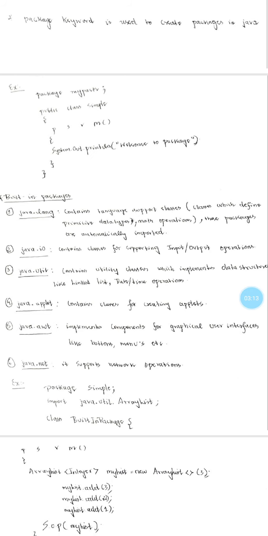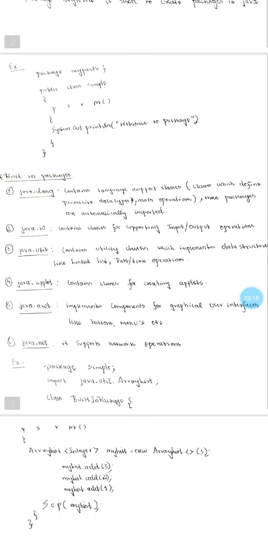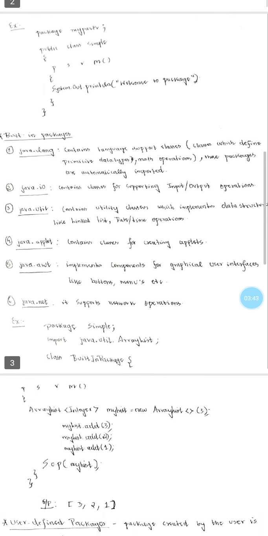Now we will study in brief what are built-in packages and user-defined packages. Built-in packages are the ones which come within Java itself. Let us see some examples. First one, java.lang. It contains language support classes, like math operations, primitive data types, etc. This package is automatically imported, so there is no need to explicitly import it.